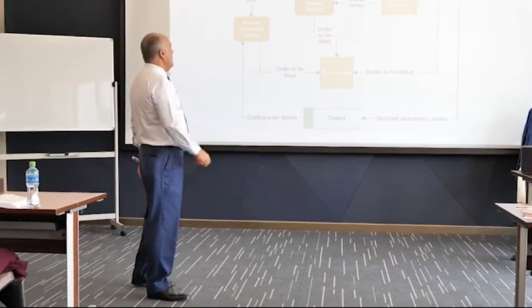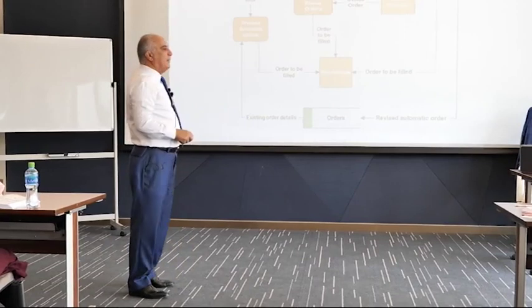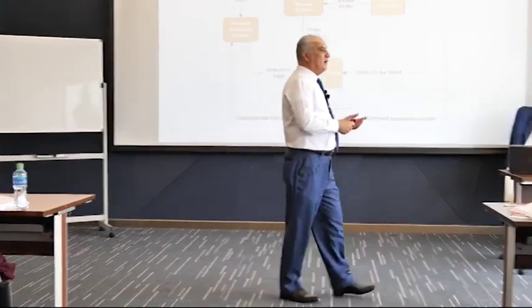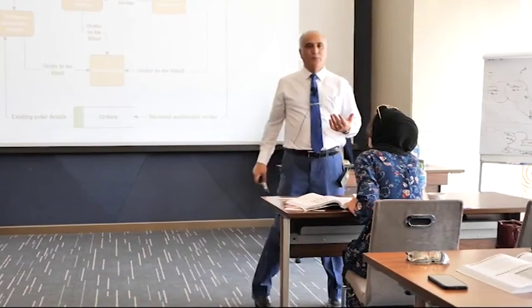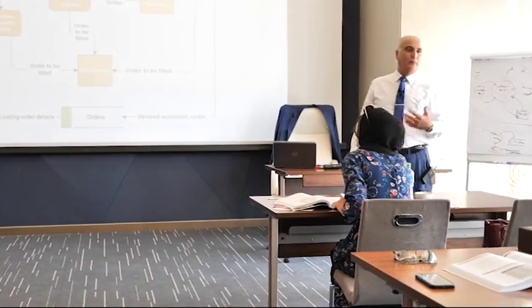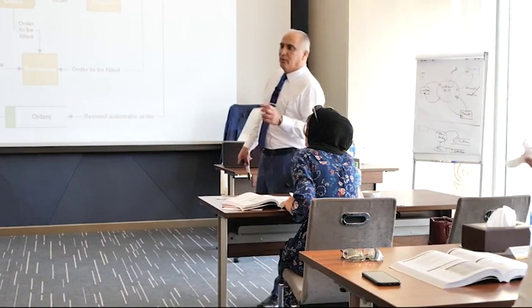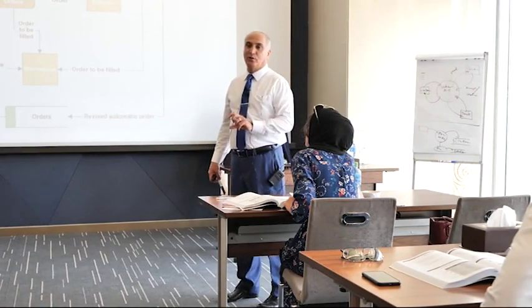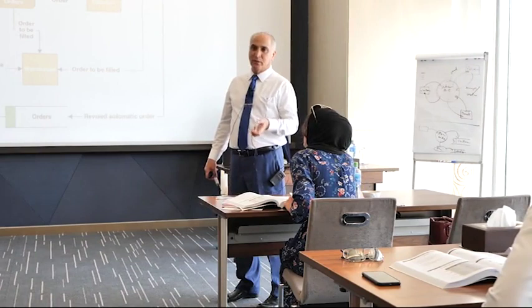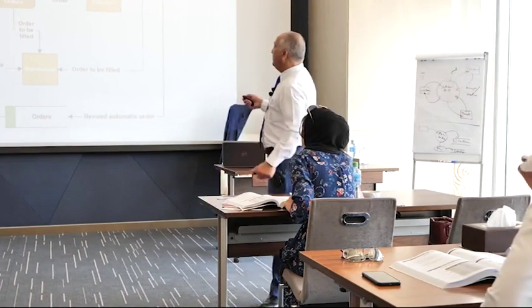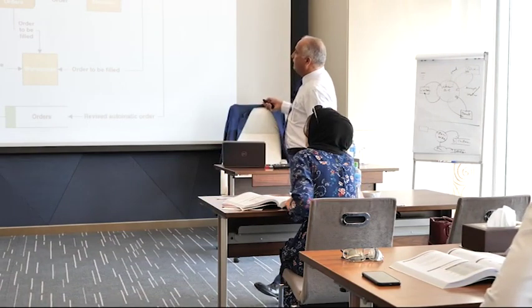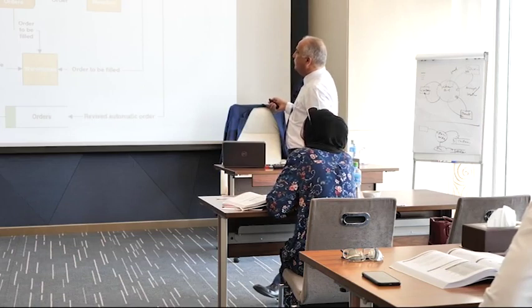For example, you have a membership with ordering books. If you have that membership, based on the membership, you get a discount. So you place an order. So here the external entity is a member.